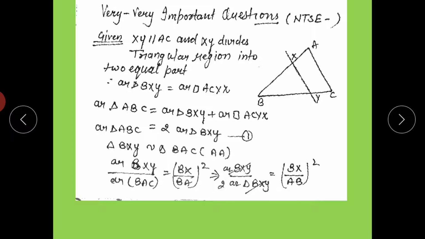If they are similar, then the ratio of the areas of these two triangles is equal to the square of the ratio of the corresponding sides. Then area of BXY upon area of BAC can be written as BX upon BA whole square. Area of BXY upon area of ABC can be written as area of BXY upon 2 times area of BXY. BXY is cancelled out. Then 1 by 2 is equal to BX upon AB whole square. Taking the square root, 1 by root 2 is BX upon AB.